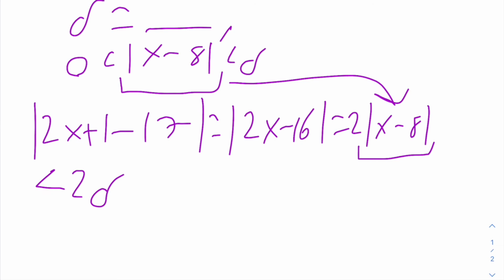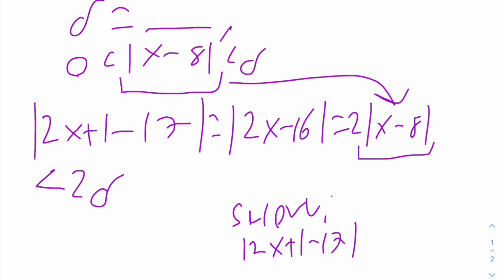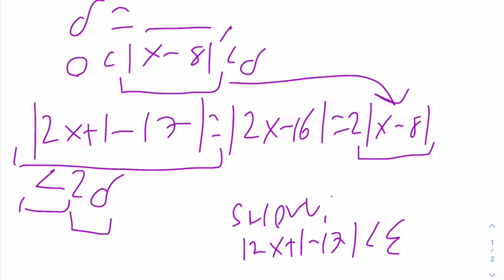Okay, so what are we trying to show again? We want to show that our given pieces of information imply that the distance between 2x plus 1 and 17 is less than epsilon. So you see here, we have this 2x plus 1 minus 17, right? We already have this less than sign. But what is it less than? 2x plus 1 minus 17 in absolute value is less than 2 delta.